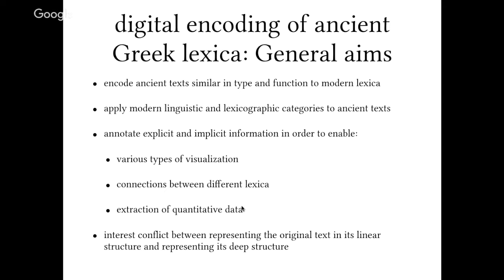In general, when we are thinking about digital encoding of ancient Greek lexica, we have in mind these general aims. First of all, we want to encode ancient texts that are similar in type and function to modern lexica. That means we want to encode them in a way that shows the similarities, but also the differences, to modern lexica.